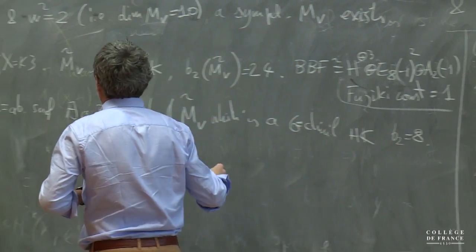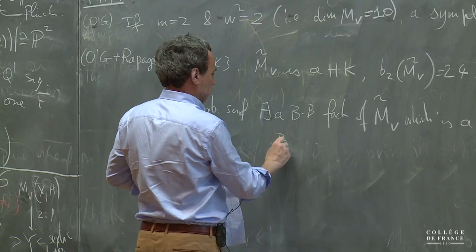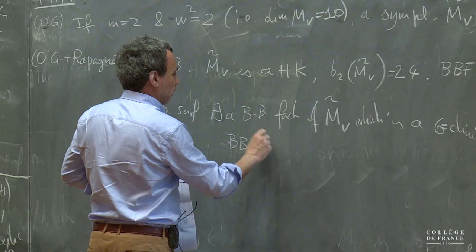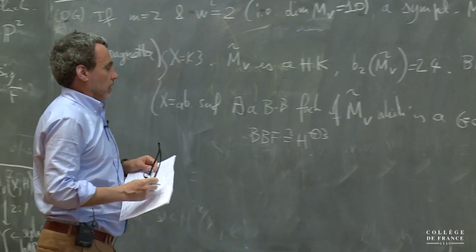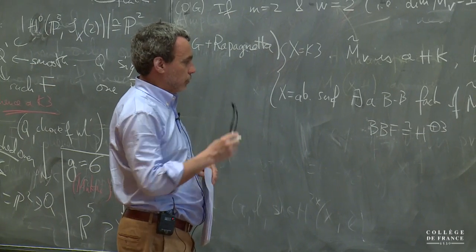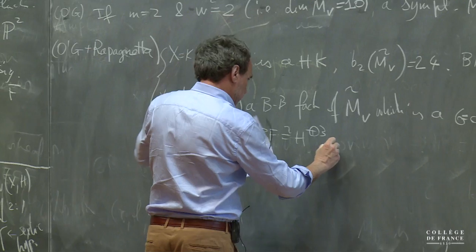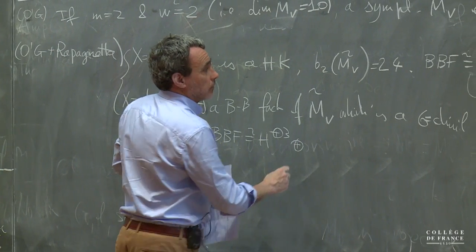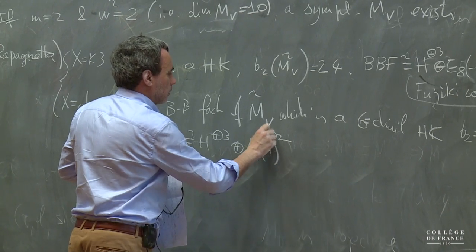I proved this, but then Antonio gave the Beauville-Bogomolov quadratic form: it is the H2 of the abelian surface, plus something.